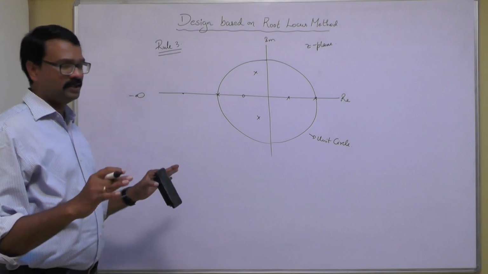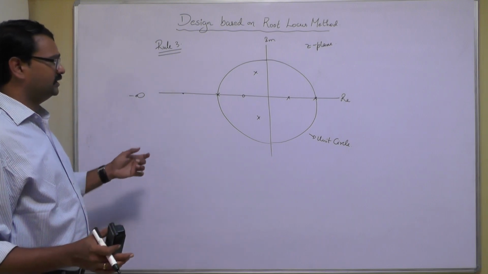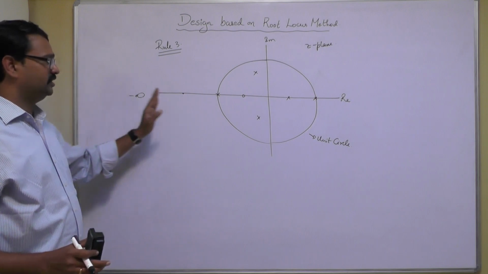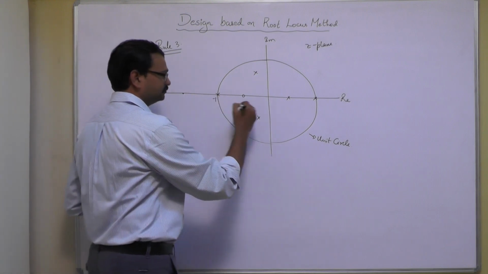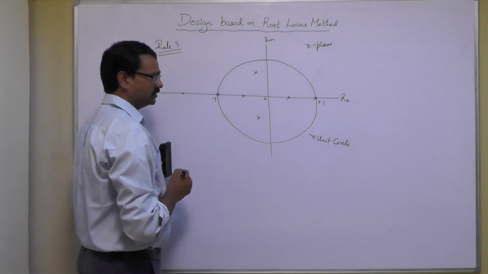We will be considering the complete real axis from minus infinity to plus infinity, and take any test point from minus infinity till this value. This is minus 1, and this is plus 1, and this is 0 here.